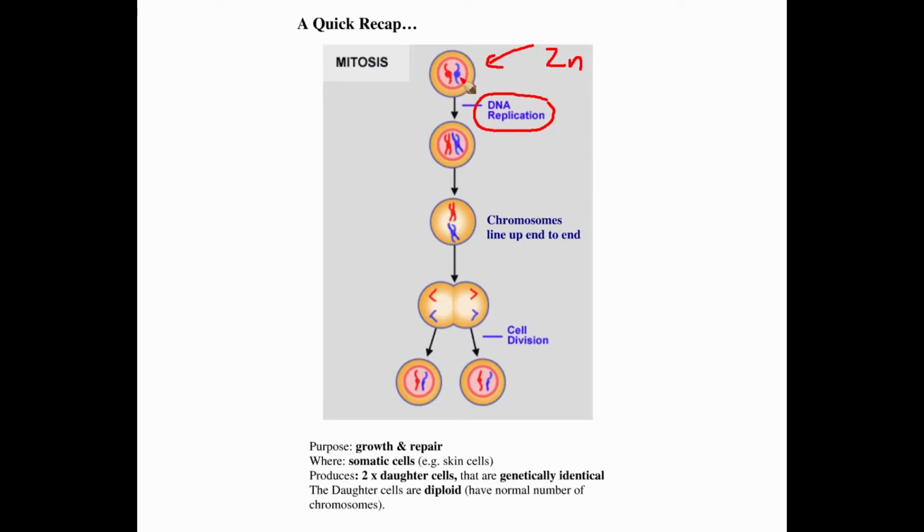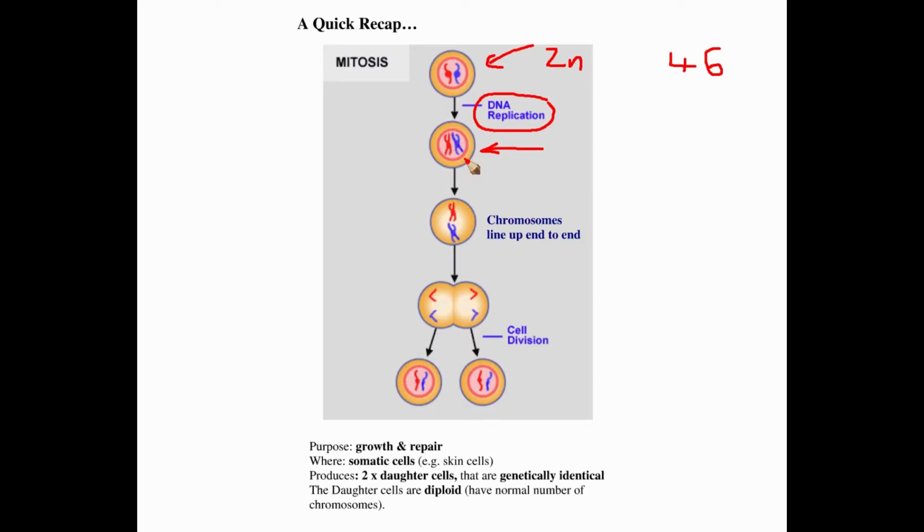Now you can see here in a human cell, we would actually have 46 chromosomes. We've only shown 2 because the diagram gets a bit complicated with 46. At this stage, you actually still have 46 chromosomes. It's just that each chromosome consists of 2 copies, or what we call chromatids. And this is usually when you can actually see them under the microscope.